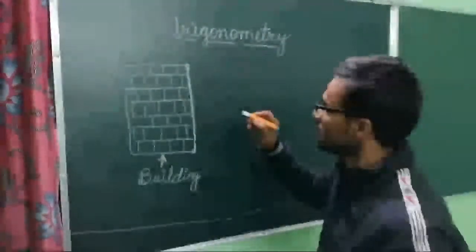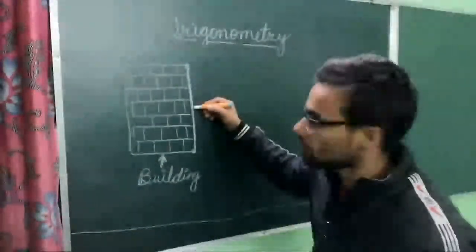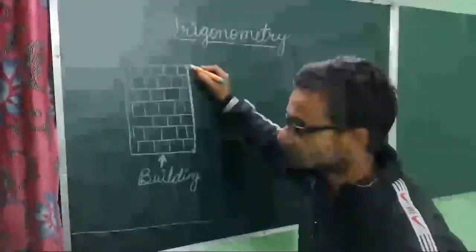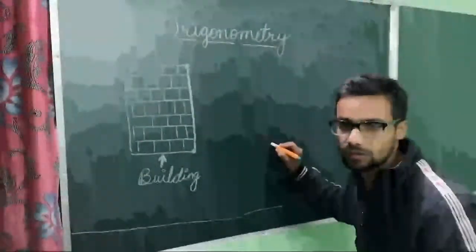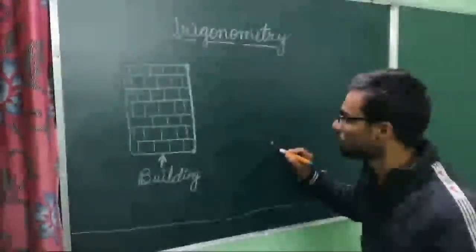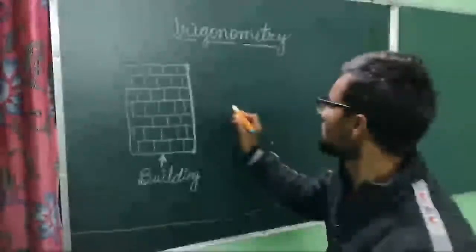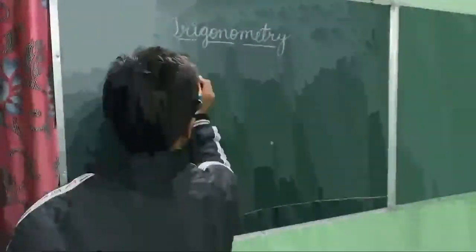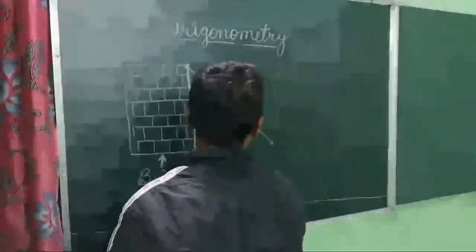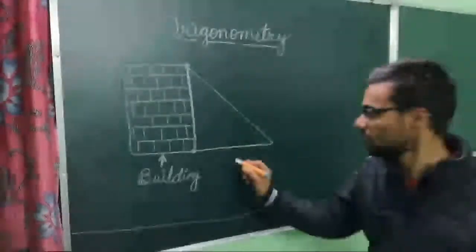So dear student, here I take one example. For example, this is your building, a tall building, and this is the top of the building, and you are here and you look from this point. If I join these two points, then what do I get here?